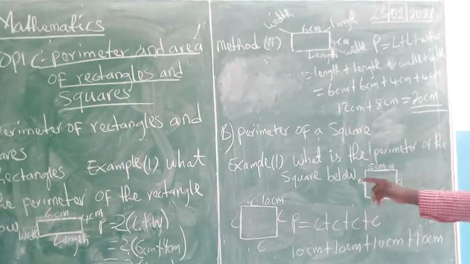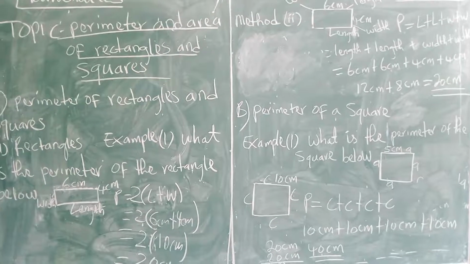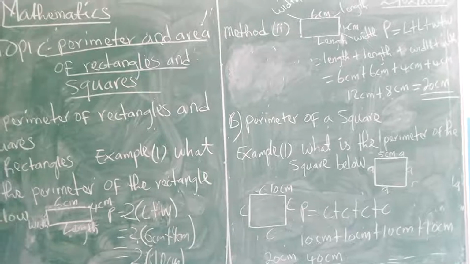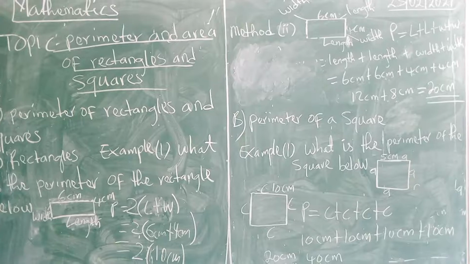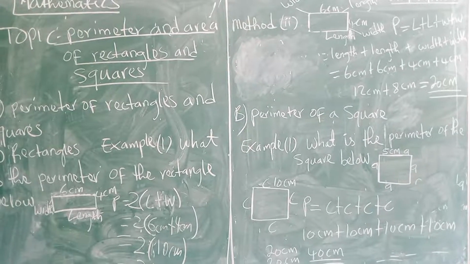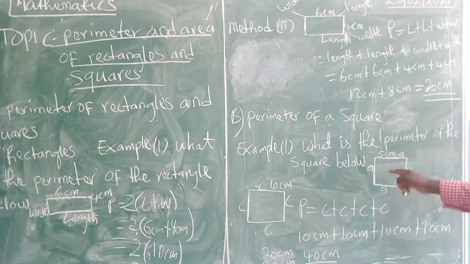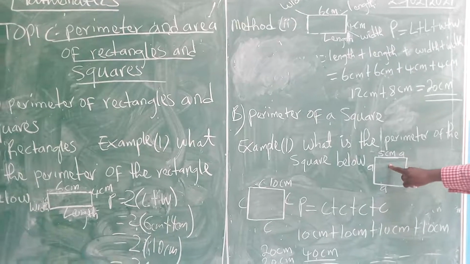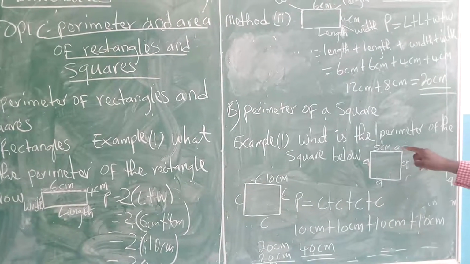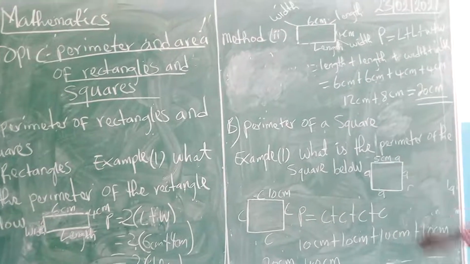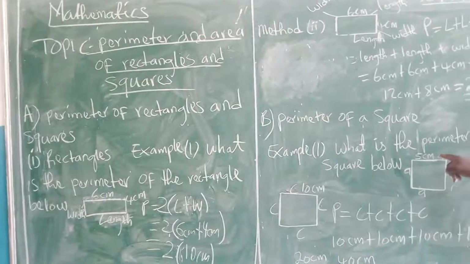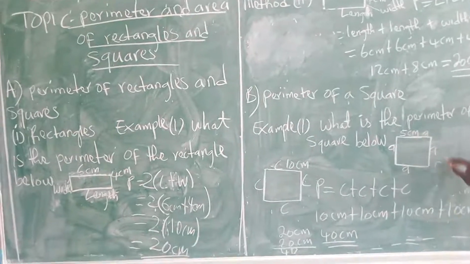Since we know the size of one side, which is 5 centimeters, we'll now say P equals 5 centimeters plus 5 centimeters plus 5 centimeters plus 5 centimeters. So how many 5s do we have? 1, 2, 3, 4. These 4 5s are identifying the 4 sides of the square.